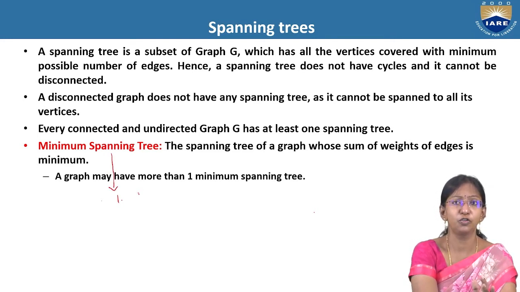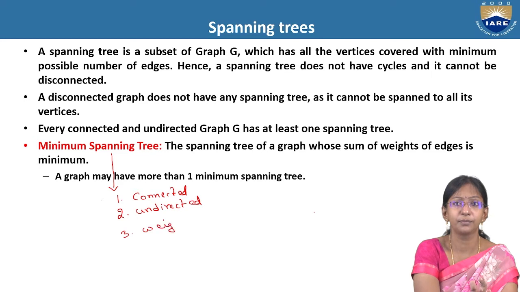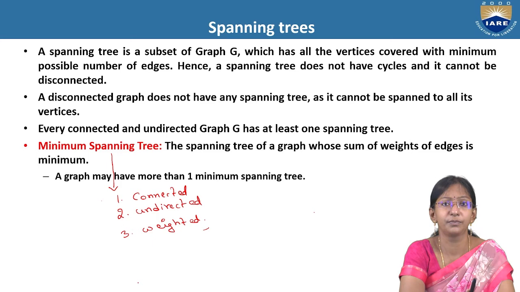The first is it should be a connected one. That means all the nodes must be used, and it is undirected, and it is a weighted graph. Got it? It is a weighted graph.